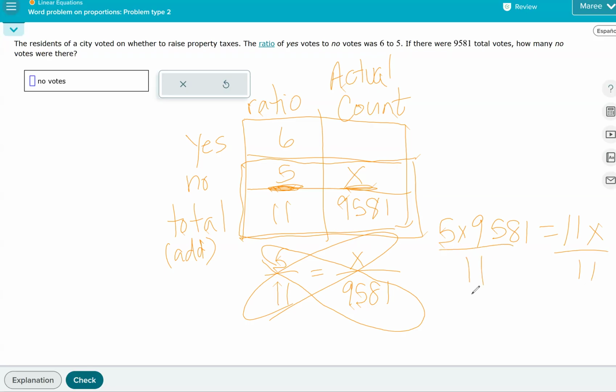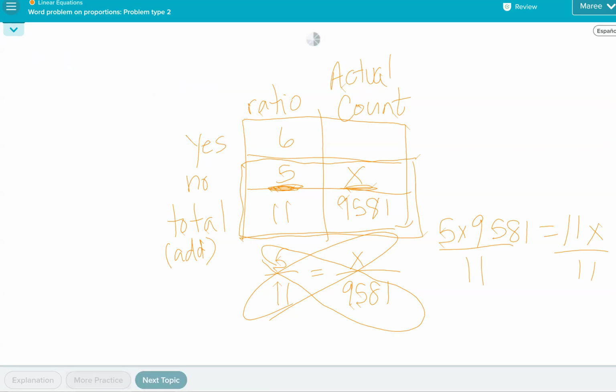So we multiply the two numbers that are across from each other and then divide by the number that is across from our missing number. So I'm going to do 5 times 9,581 divided by 11. 4,355. So we put in here 4,355 no votes.